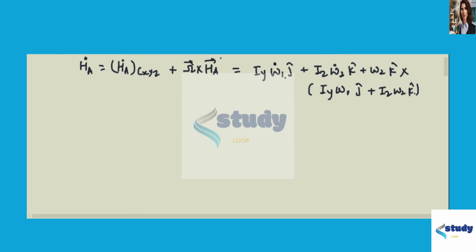Simplifying it, you will get the rate of change of angular momentum about A: minus Iy omega 1 omega 2 I cap plus Iy rate of change of angular velocity omega 1 J cap plus Iz rate of change of angular velocity omega 2 k cap, say equation number 2.